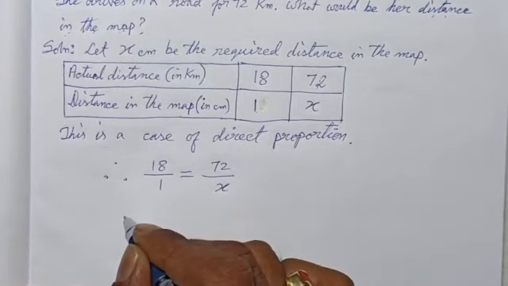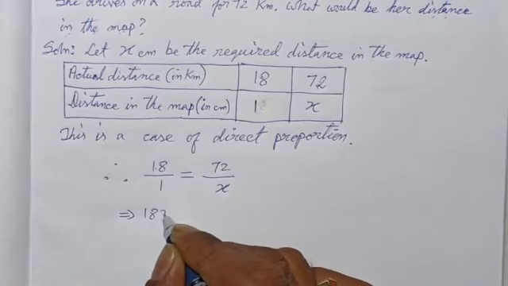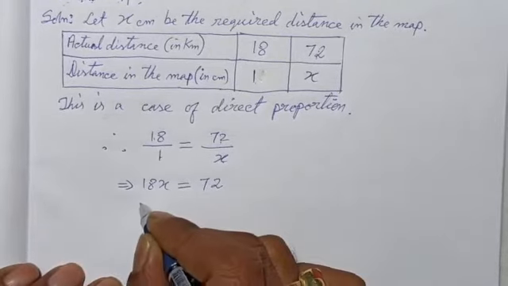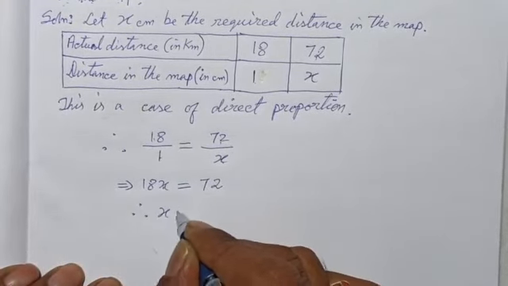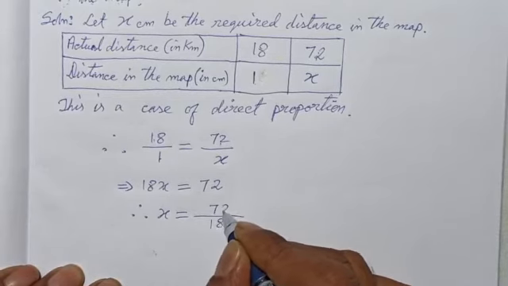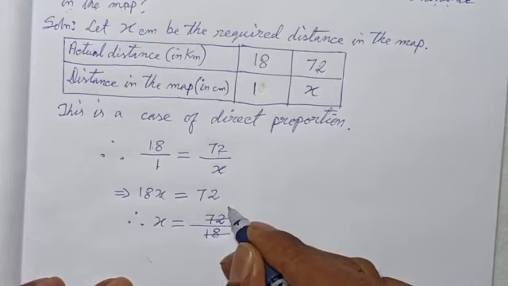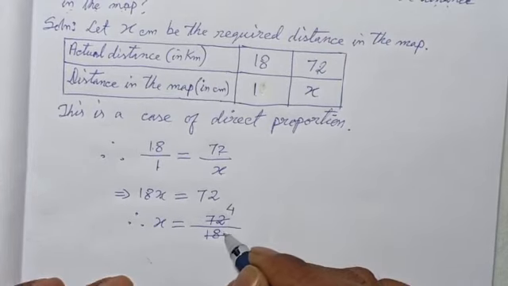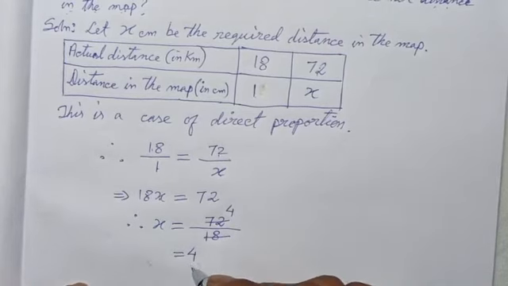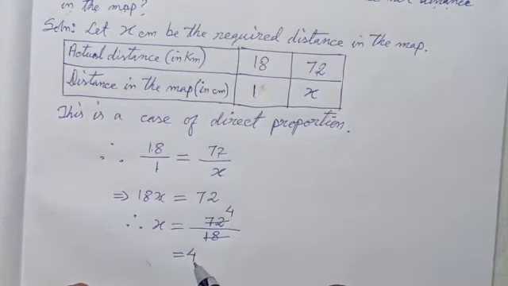Now cross multiplication. If x and 18 are multiplied, then we will get 18x. 1 and 72 are multiplied, that is 72. Therefore, to find out x, 18 will divide 72. If 18 divides 72, we are getting 4. Now x is 4, and it is in centimeter, that means this is 4 centimeter.